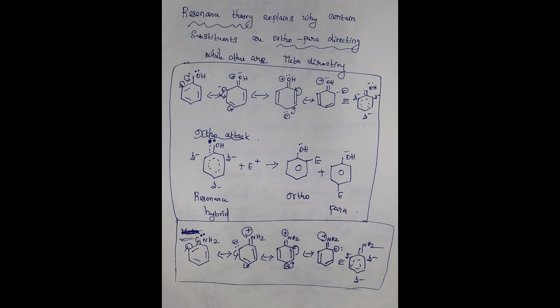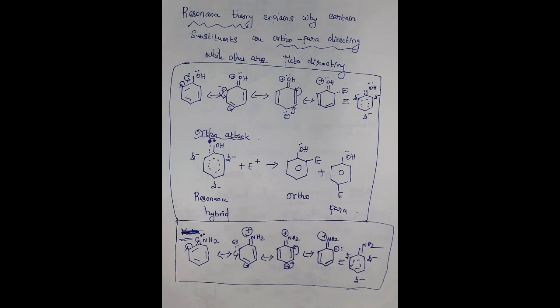This resonance hybrid has negative charge on the ortho and para positions. So the incoming group, that is the electrophile, attacks at the ortho and para positions. This resonance theory explains the ortho-para directing effect of the substituents.